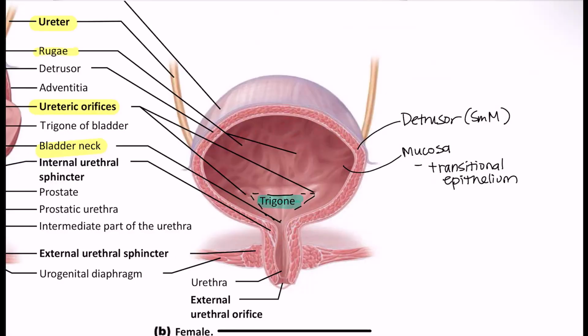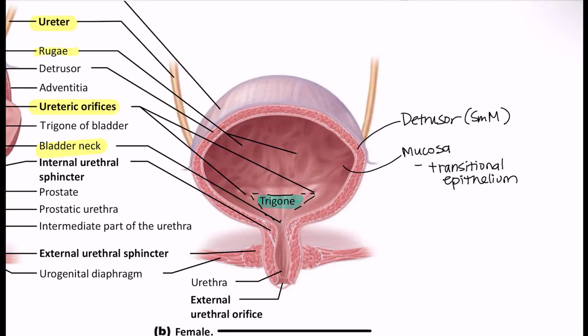But as the bladder stretches, that helps smooth out those rugae and makes the cells seem like pretty much columnar. And this helps the bladder be really stretchy without making too much pressure inside. The bladder, when it's full, on average, can hold about half a liter or 1 pint-ish of fluid.